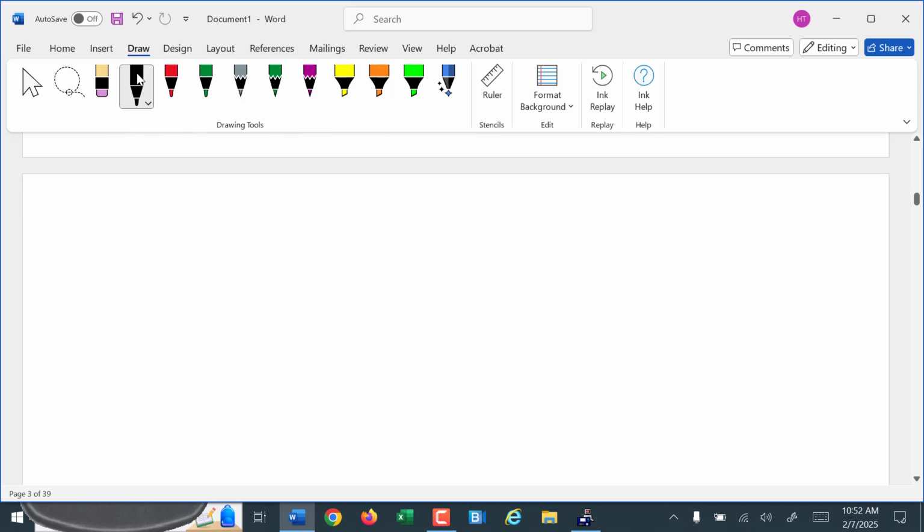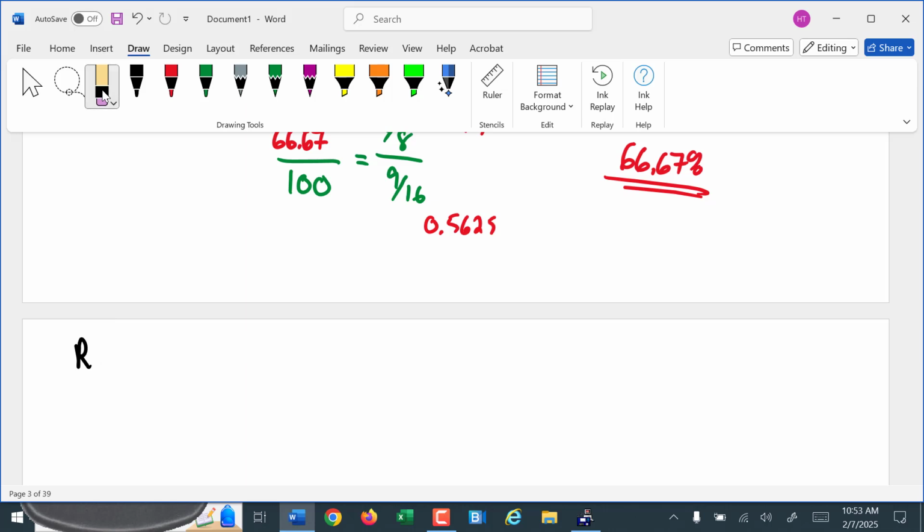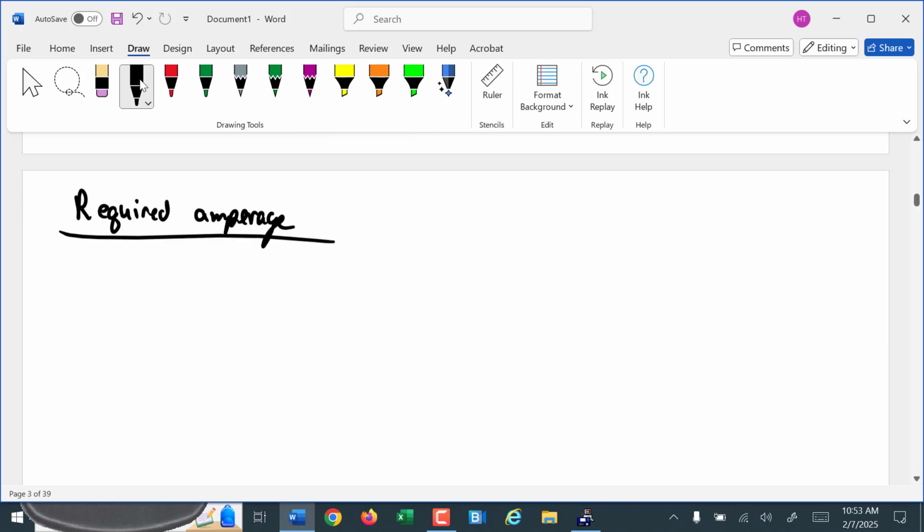Another application of these proportions is your amperage. I grew up using voltage settings on a welder. They discovered that amperage is way more important and it's way easier to calibrate if you have amperage settings. So most of your modern welders have amperage settings on them.